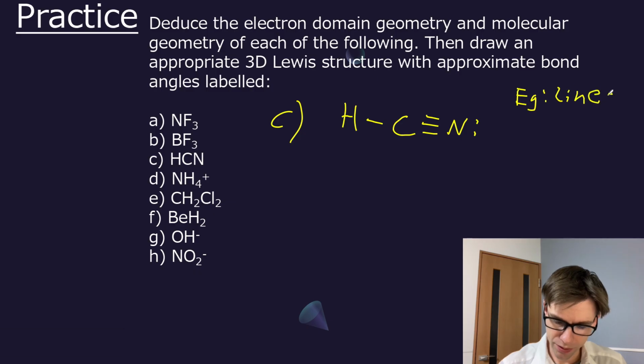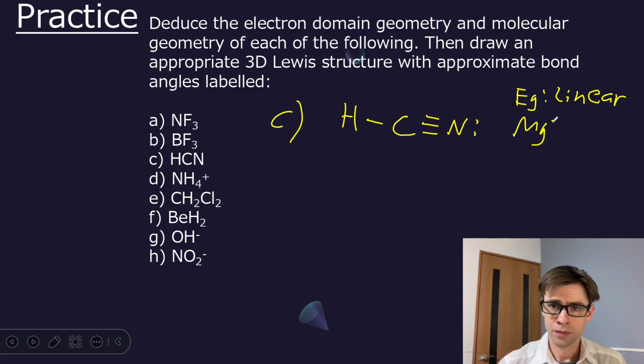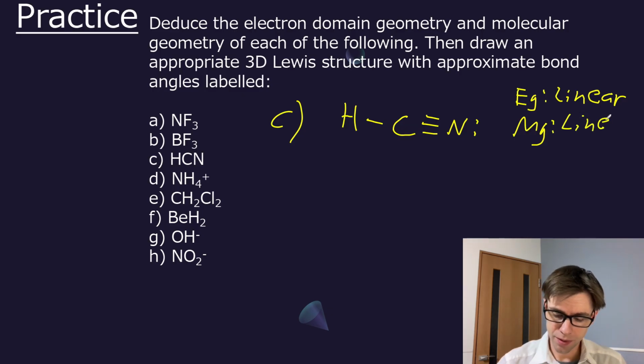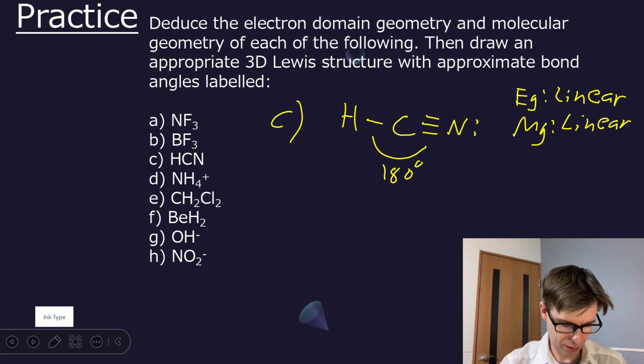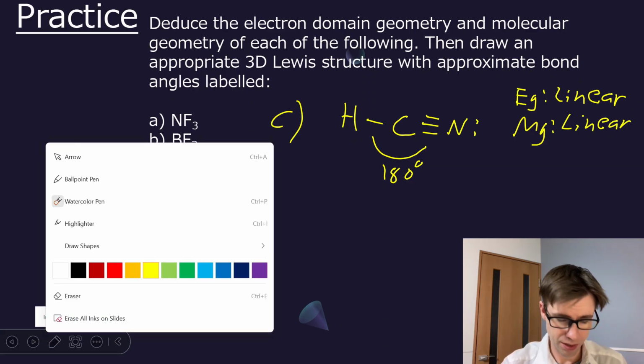There's two domains, a triple bond and a single bond, no lone pairs. Molecular geometry is the same, linear, no lone pairs on that central carbon. So there's no 3D structure for this, just like in B, no need to draw dash or wedge lines. And the approximate bond angle here is 180 degrees. That's as far apart as pairs of electrons can separate. Okay, easy if you can remember that Lewis structure, triple bond, single bond. It does come up fairly often. HCN.